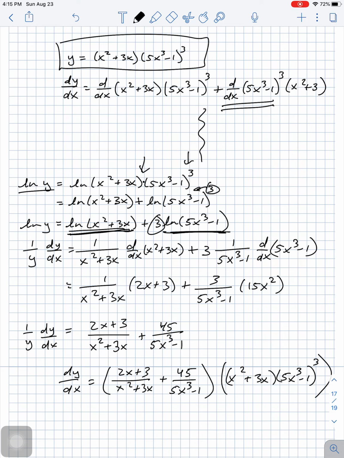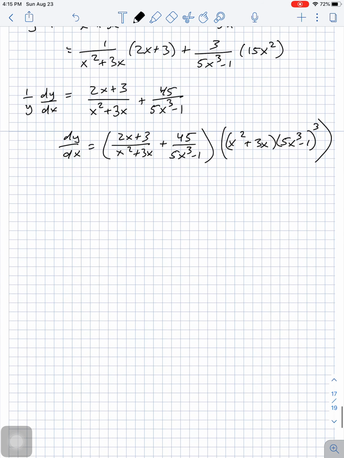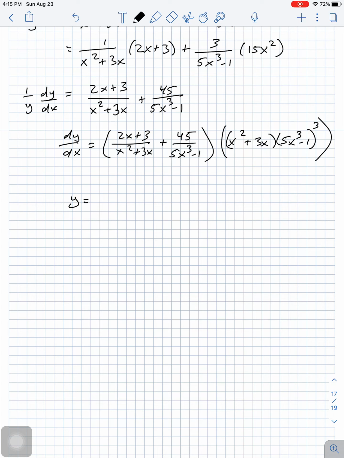So that's logarithmic differentiation. It also can get rid of a quotient rule. Maybe I'll just do this one really quick. It's a very simple one. When you take the natural log of y, the natural log of a quotient goes into subtraction.